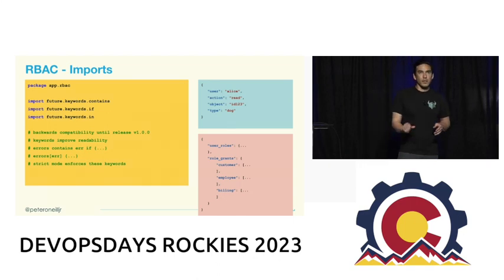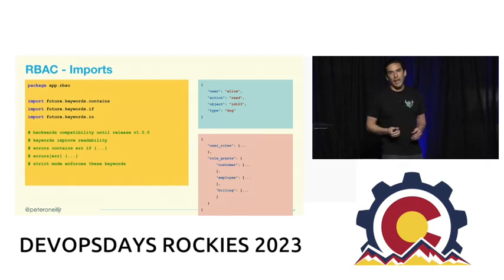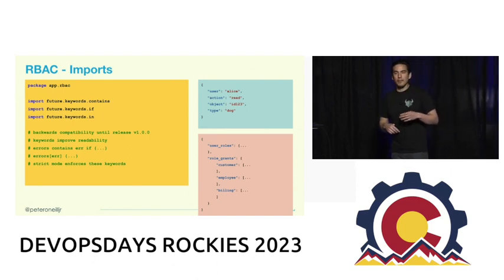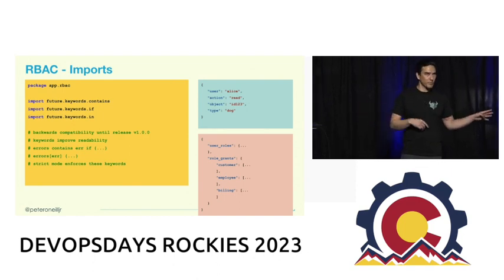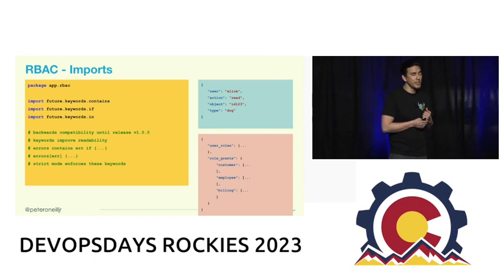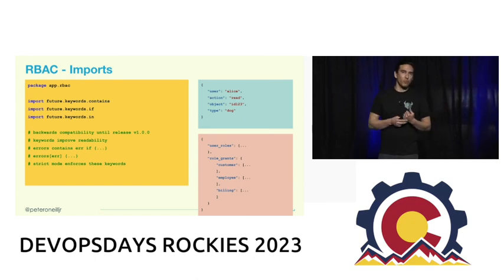The next is imports, which adds a little bit of confusion. I get this question a lot: I saw a policy that said this, this, and this, but that doesn't work for me. Essentially, we are trying to preserve backwards compatibility as much as we can until we reach version 1.0.